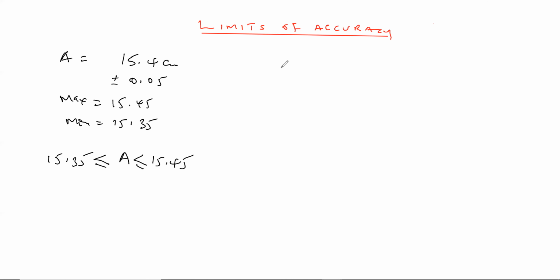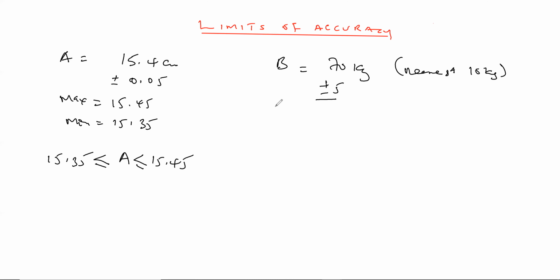Another example, consider a value like B, which is measured as 70 kilograms, but you're told to the nearest 10 kilograms. So to the nearest 10 kilograms, the absolute error is 5, which is plus or minus 5. The meaning of plus or minus, like I said in the other case, is that it can be more than that by 5 or less than that by 5.